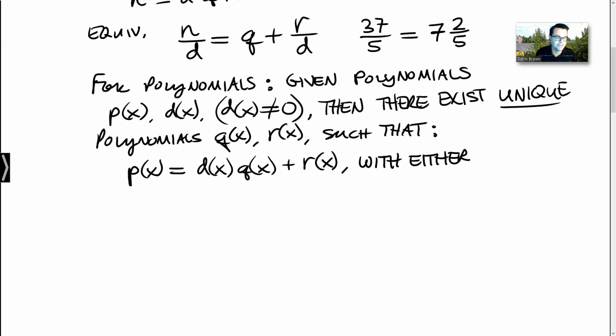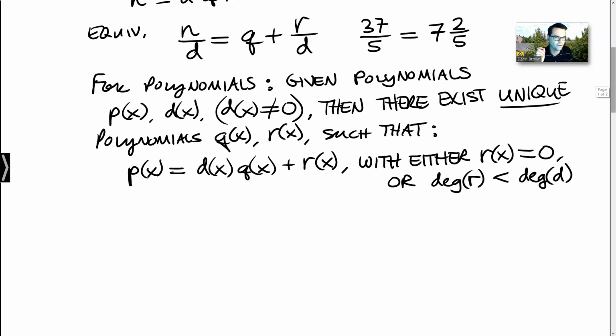What it means is either the remainder being 0, so that would be if it divides exactly into it, or the degree of the remainder. So the remainder could be a polynomial. The degree of the remainder strictly less than the degree of the divisor, so the degree of d.